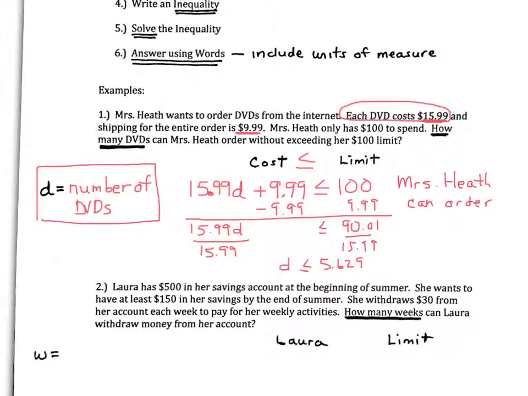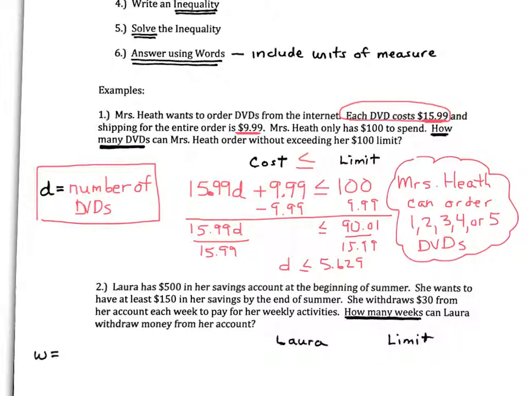So I could order 1, 2, 3, 4, or 5 DVDs. So Mrs. Heath can order 1, 2, 3, 4, or 5 DVDs and still stay under her limit of $100. So there's my final solution.